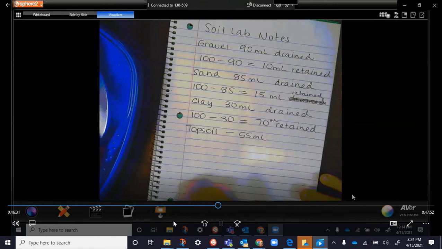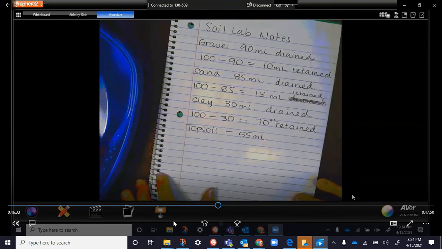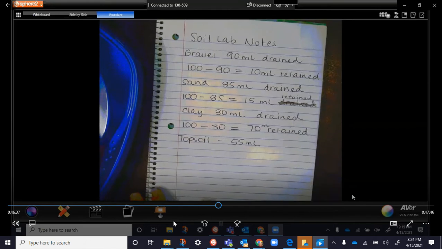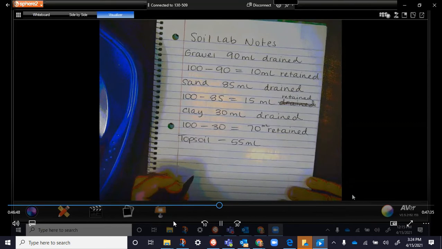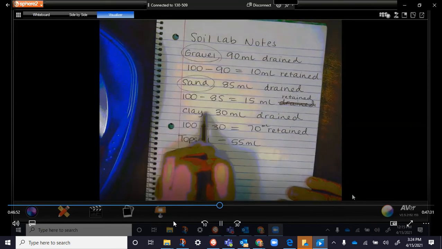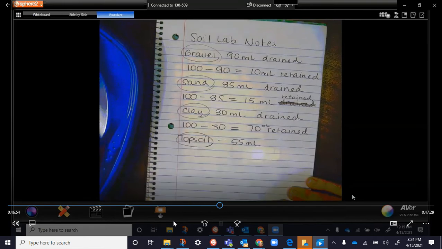So let's see, Jonah, if I wanted to find out how much was retained, what would I say? I want to know how much water retained with topsoil.